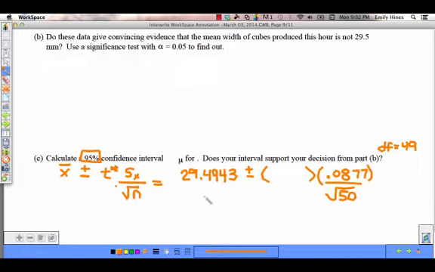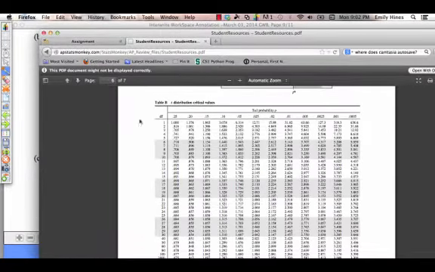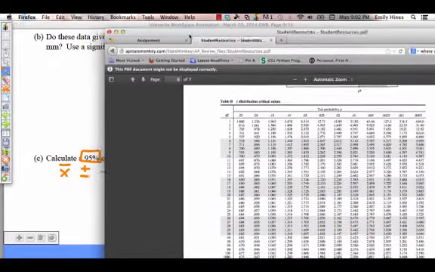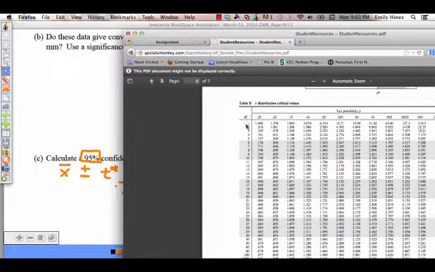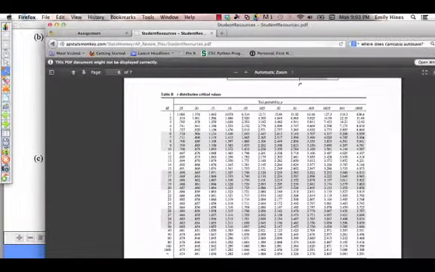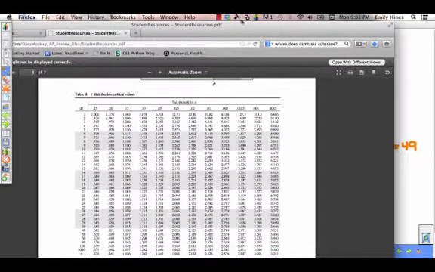So now this is how I get my t-star value. If I'm using my table, which is what we're going to use today, I go find degrees of freedom, and I have to use 40. And then I scroll over until I get to my 95%.